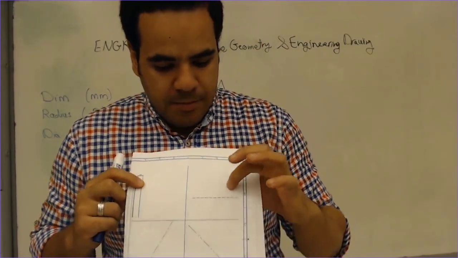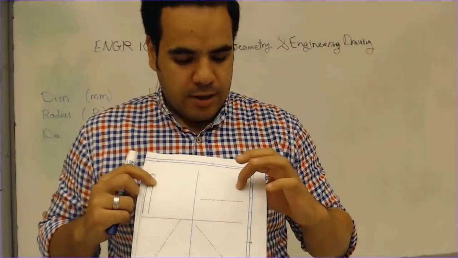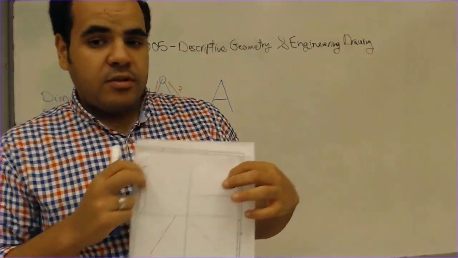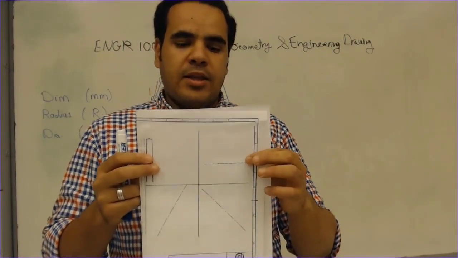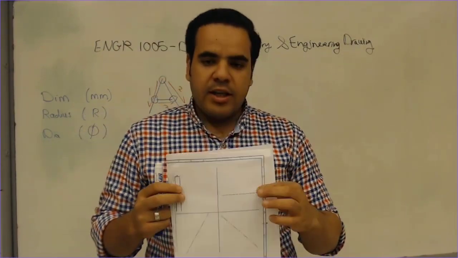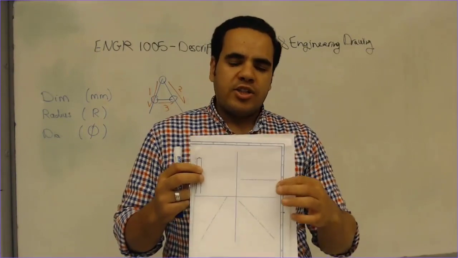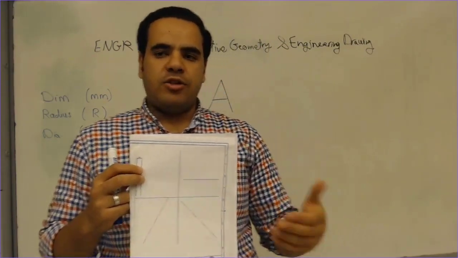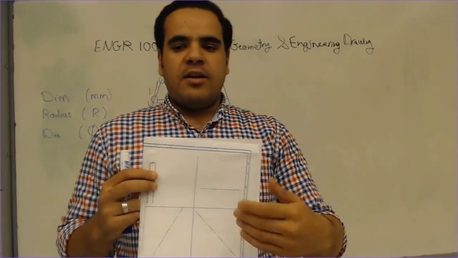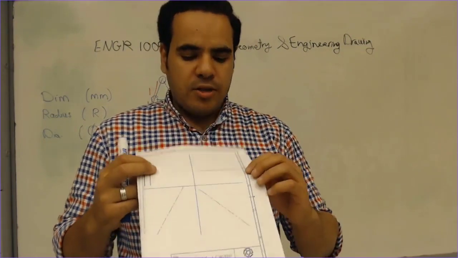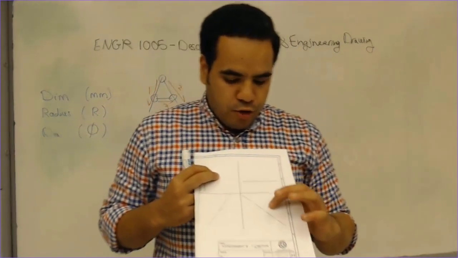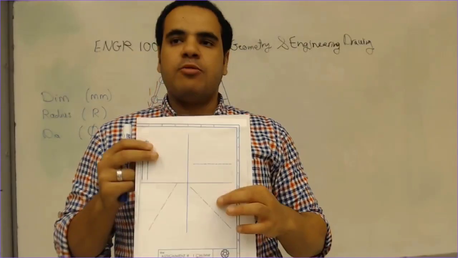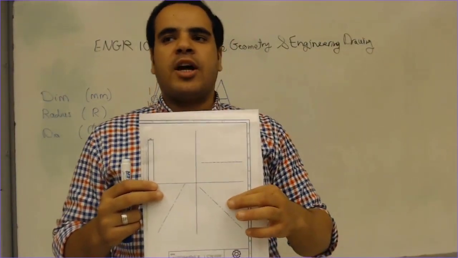The second type here on the left is hidden line. Hidden line, or dashed line, is used to draw hidden edges and invisible sections. And the third one is going to be our phantom line or section line or cutting plane.